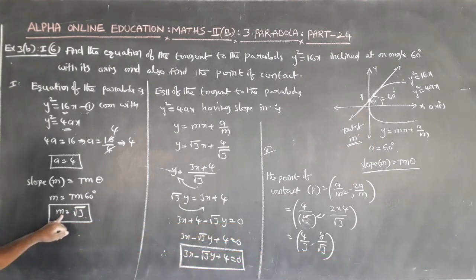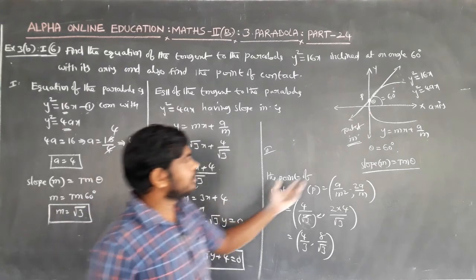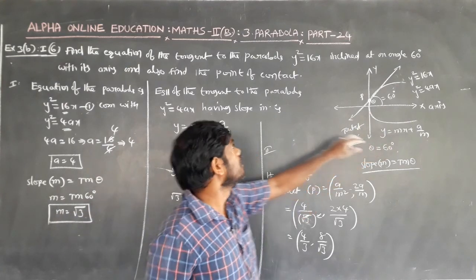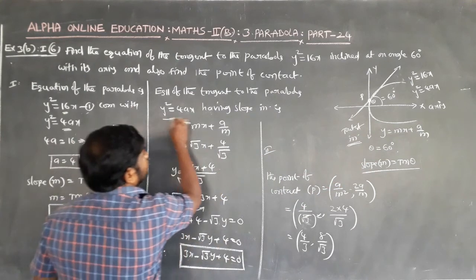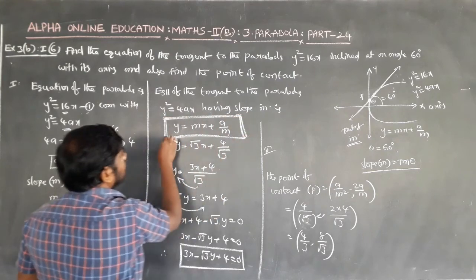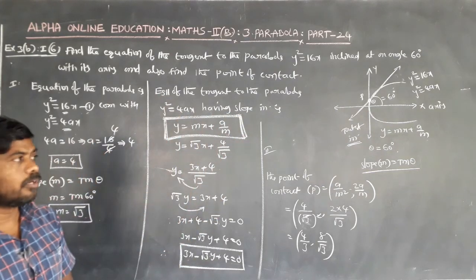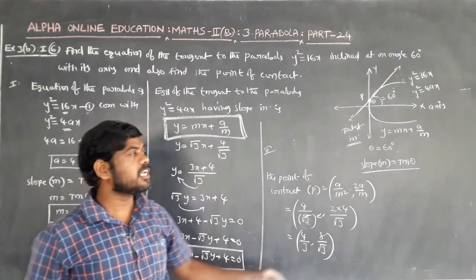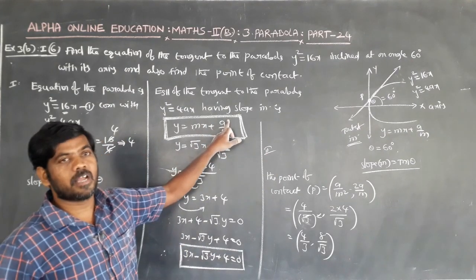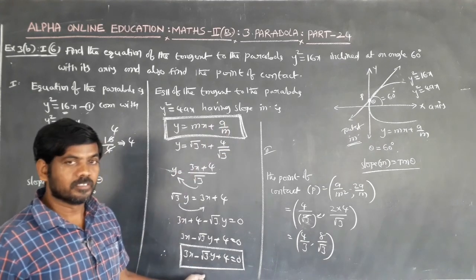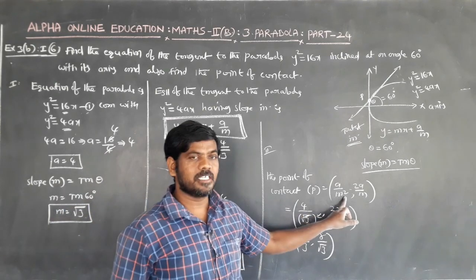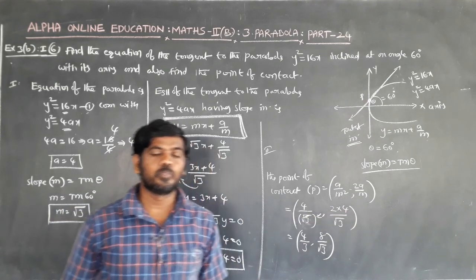The equation of the tangent to the parabola y square is equal to 4ax having slope m is y is equal to mx plus a by m. Substitute the m and a values and simplify. This is the equation of the tangent. The point of contact is a by m square comma 2a by m.